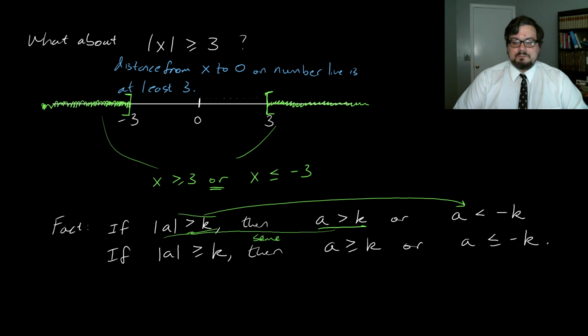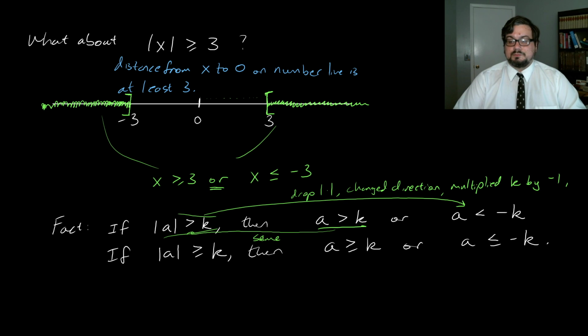But the other one, we've dropped the absolute value, we've changed the direction of the sign, and we've multiplied k by -1. So you need to do all of those things when translating it.